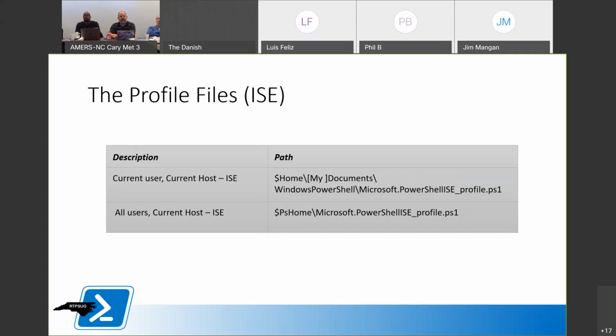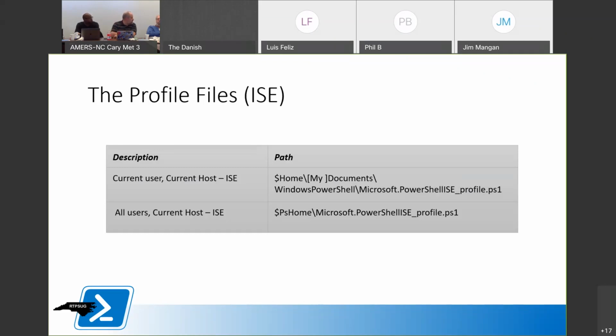But the reason being, if you're still using Windows PowerShell, there is a special ISE profile. It will still run the 4 that we went through before, but then it will also run the one for ISE if you happen to be running it in ISE.